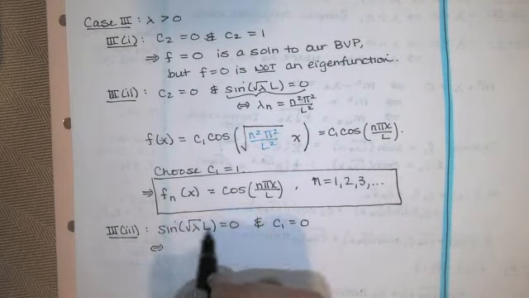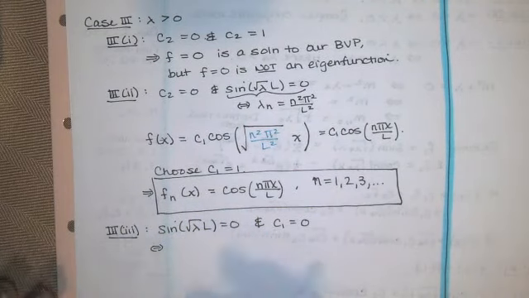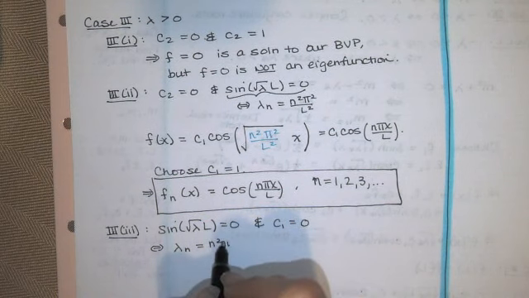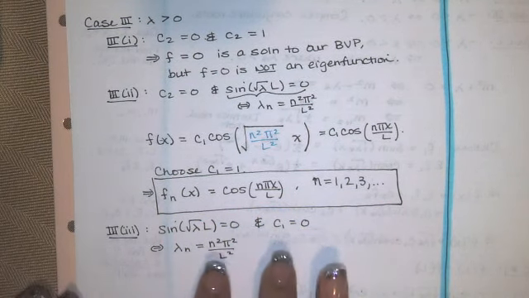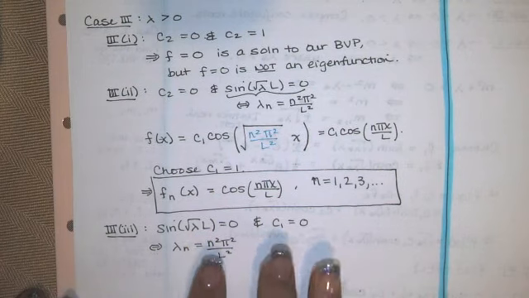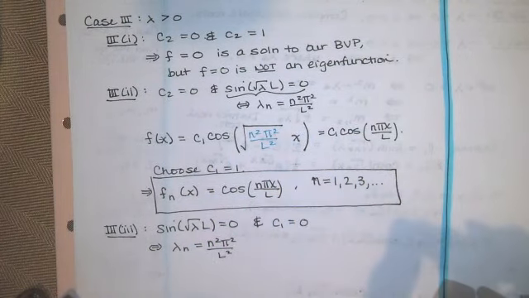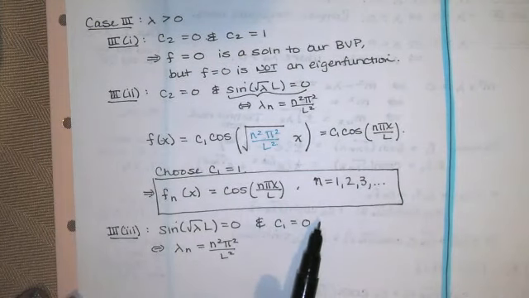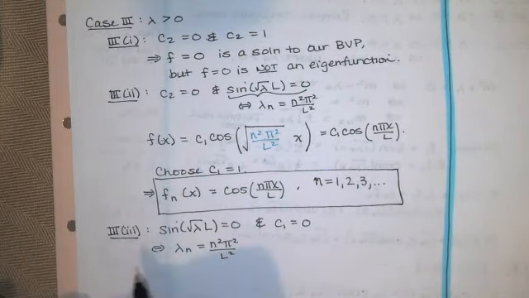And this first condition and everything else we know about lambda and L and all that implies that lambda sub n is n squared pi squared over L squared. So we see that same list of eigenvalues that we had in this case over here. But this time C1 is equal to 0 rather than C2 being equal to 0 like we had over here.